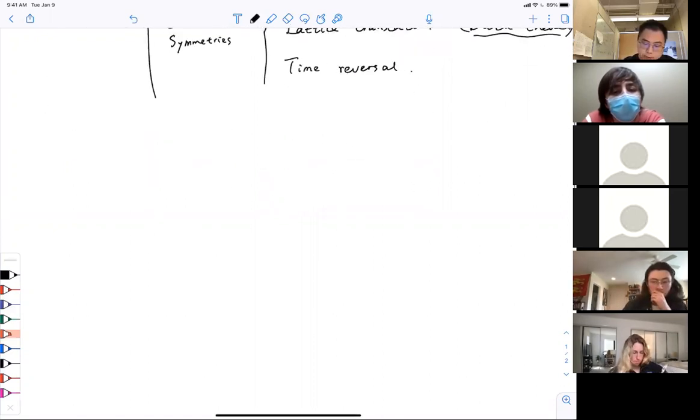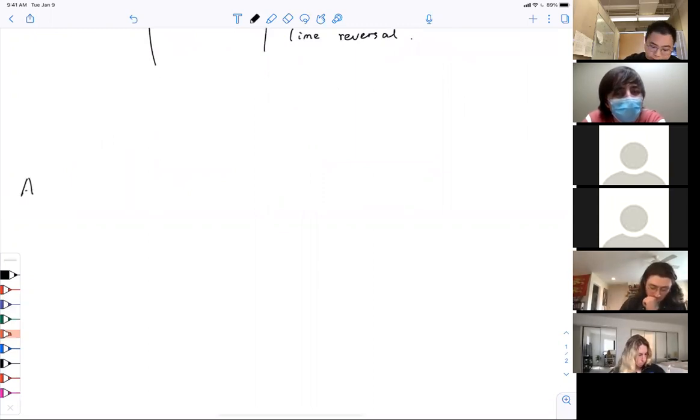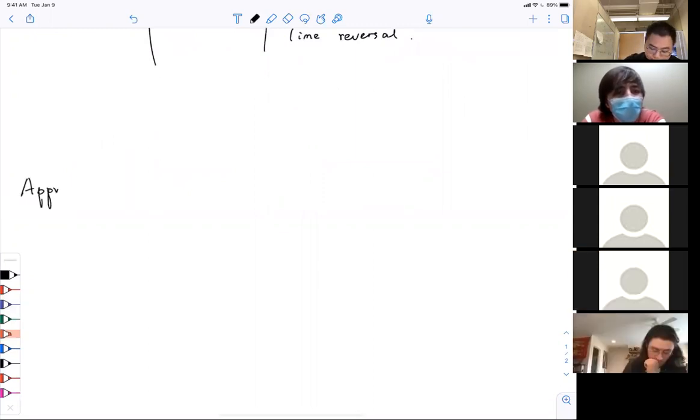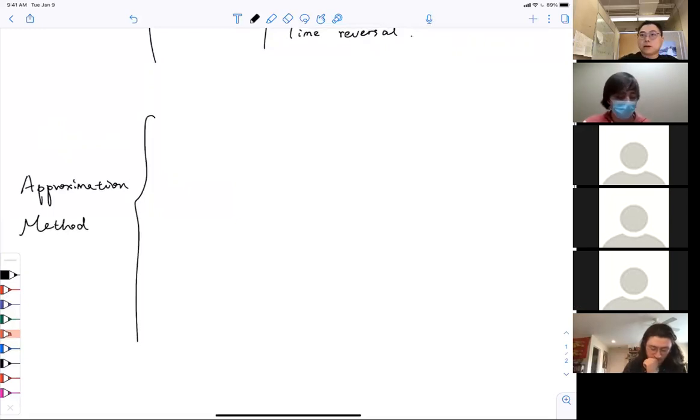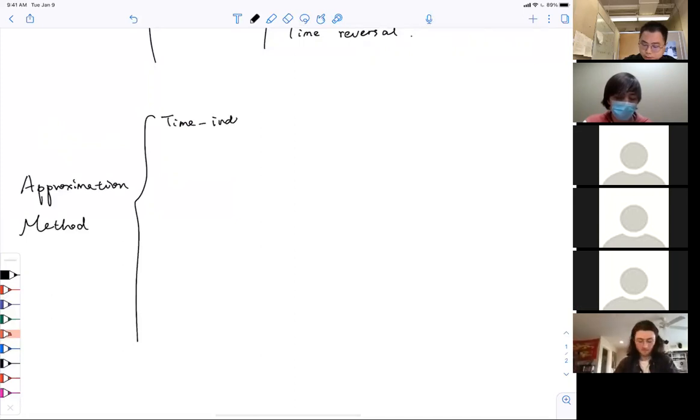Another big topic is the approximation method. There are several subtopics. Time independent perturbation, right? There are two cases. One is non-degenerate.